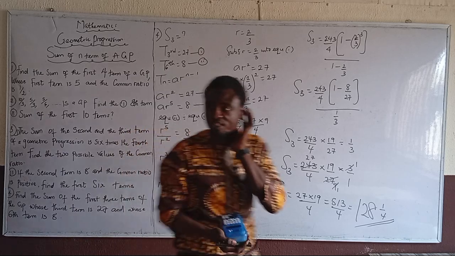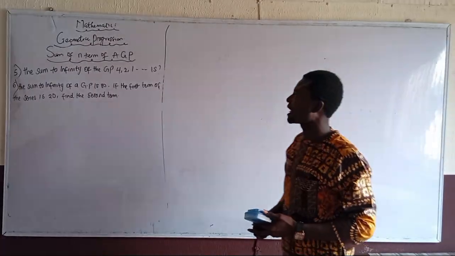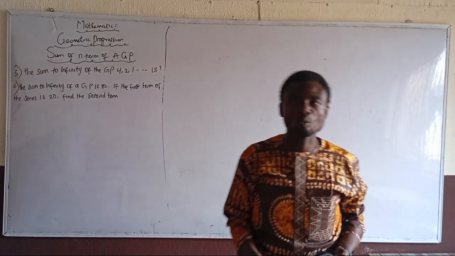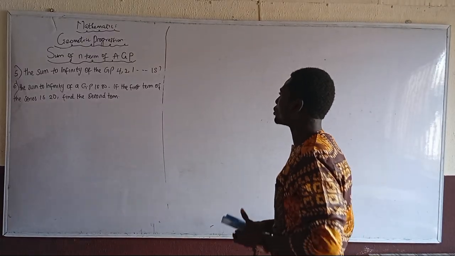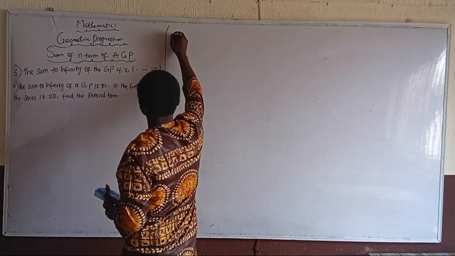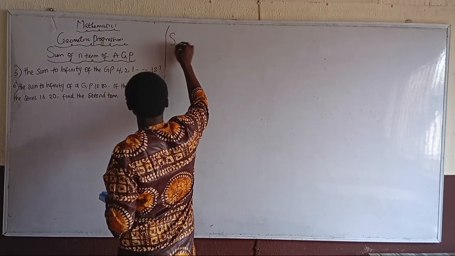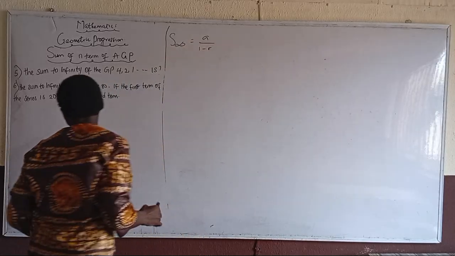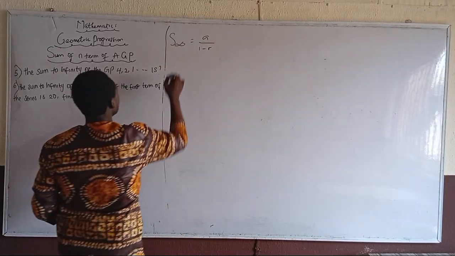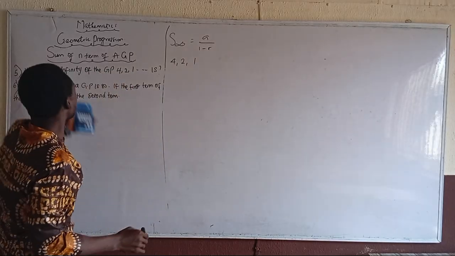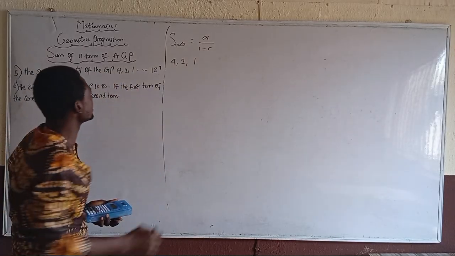Then we have 2 questions left. These are the last 2 questions, and they are based on sum to infinity. So for number 5, like I said earlier, the formula for sum to infinity is A over 1 minus R. The sum to infinity of 4, 2, 1, and so on.